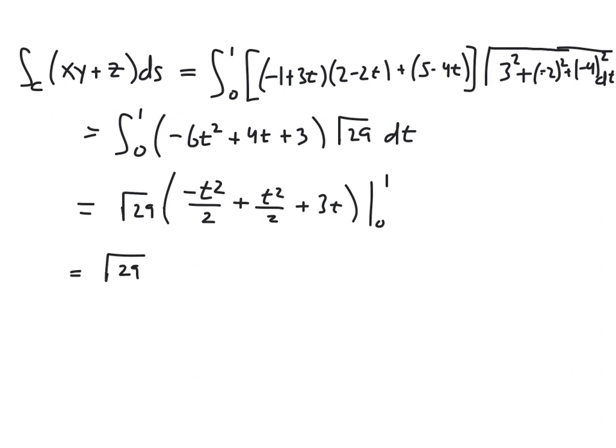And so we have square root 29 of -2 plus 1/2 plus 3. And of course, evaluating everything at 0 will give us a 0. And this ends up just being 3 times the square root of 29. And this is the value of our line integral.